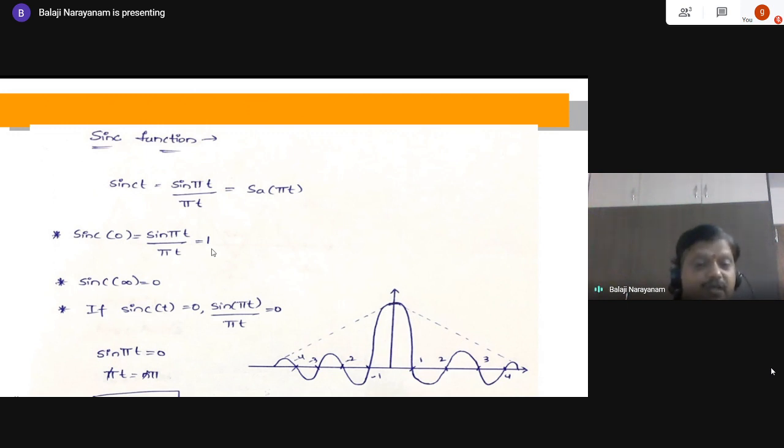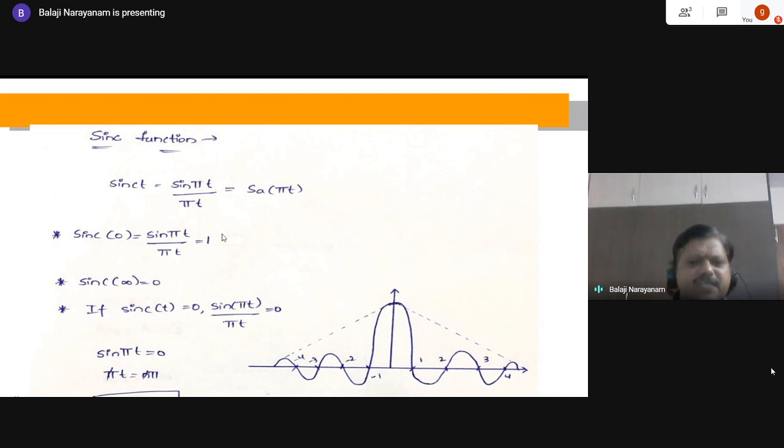If you substitute the value, then we are going to get sine theta by theta as 1 for smaller values of theta. Now, sinc of infinity, a high value, an infinite value, will result in a 0 value. Any value divided by an infinite value in the denominator is going to result in a 0 value.